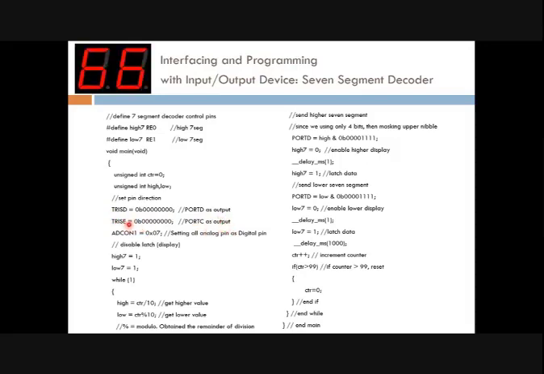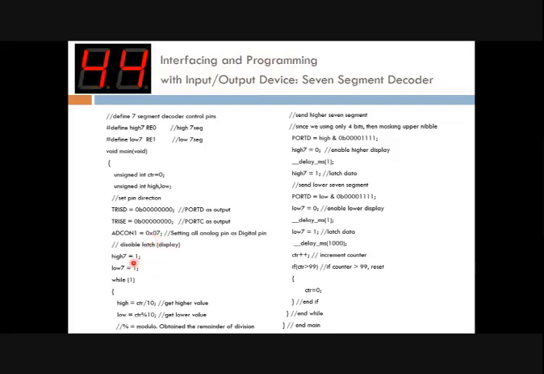Since we are using port E, the previous lecture indicated that port E shares its function as analog input. So we need to disable the analog input first so that we can enable the digital I/O for port E. You need to put this code whenever you use port E and also port A.